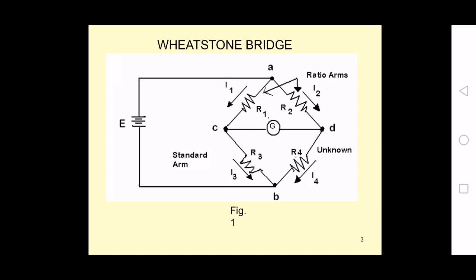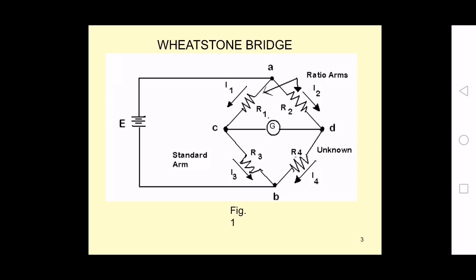The current passing through each arm is I1, I2, I3 and I4, corresponding to the resistances R1, R2, R3, R4. We call the arms AC and AD the ratio arms, and CB we call the standard arm, and we connect the unknown resistance which is to be measured across the DB arm.